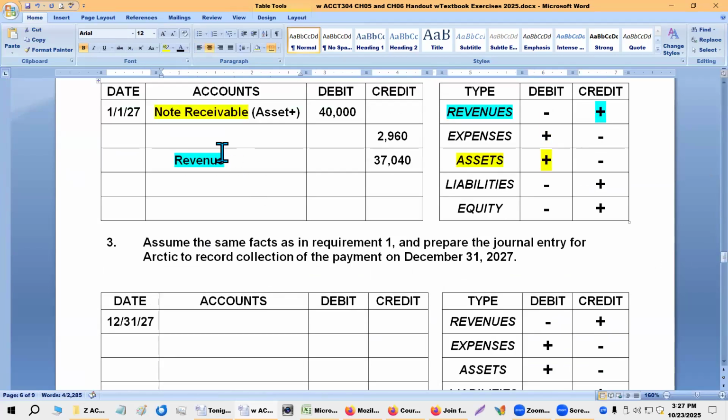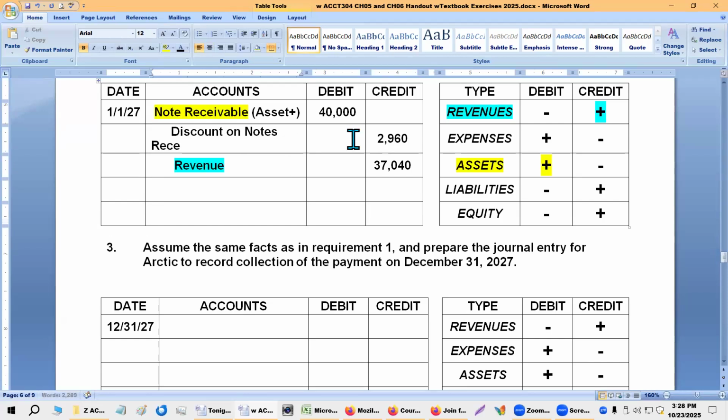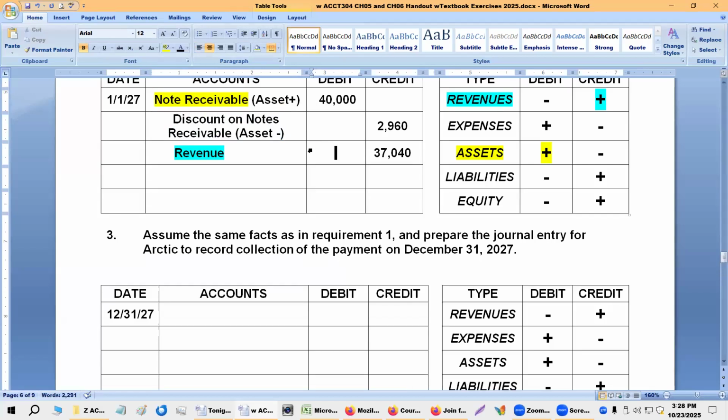It will actually be an asset going down. This is a contra account. It's going to reduce our notes receivable by some amount. And we'll make it dark right now.